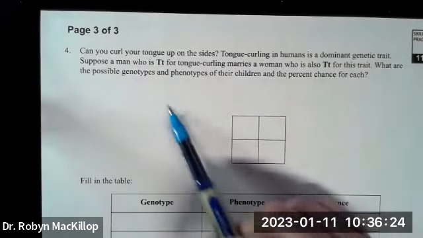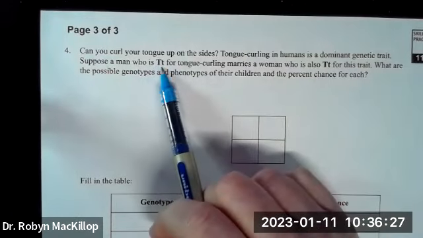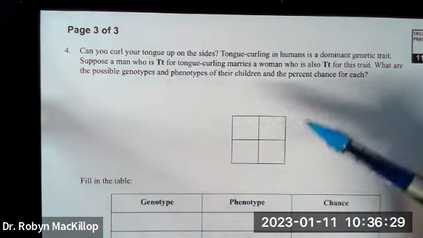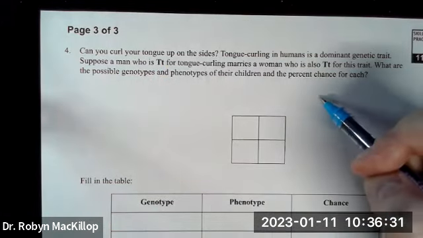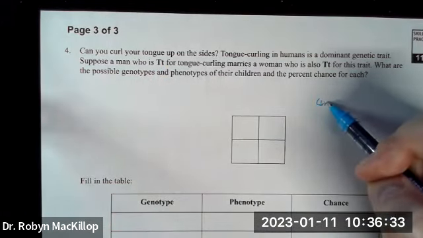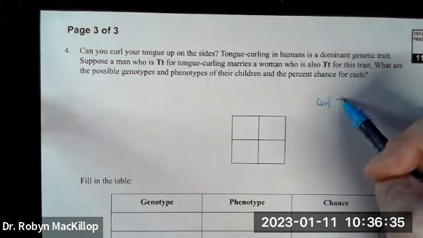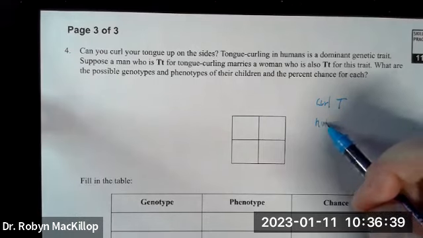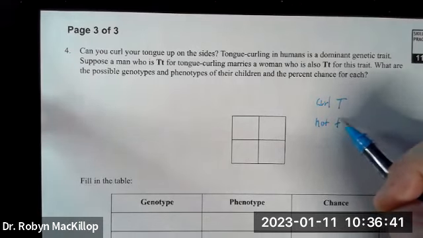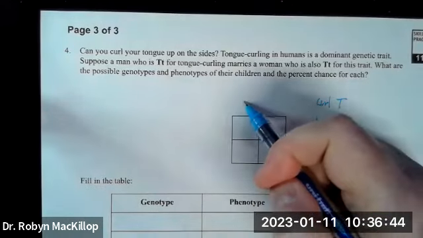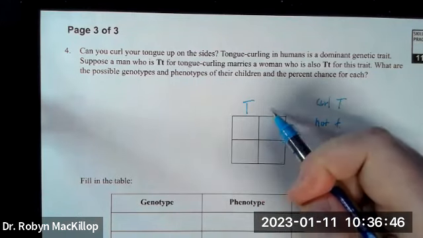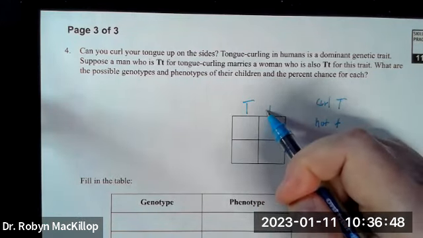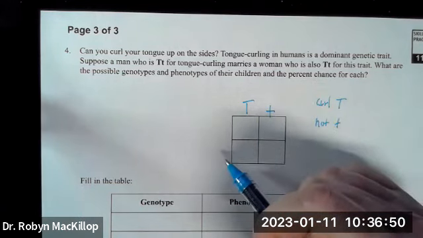Suppose you've got a man who is heterozygous for tongue curling. So curl is big T, not is little t. So he can curl his tongue, but he carries a non-curling gene.